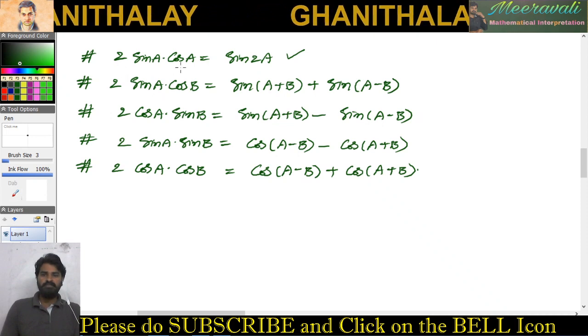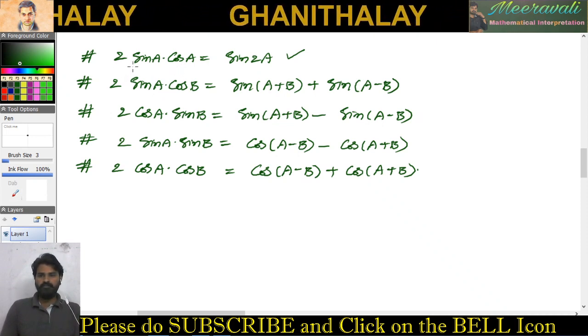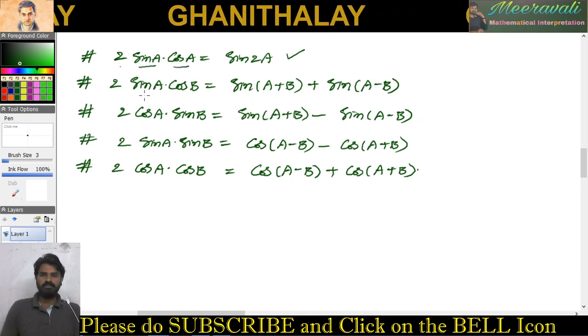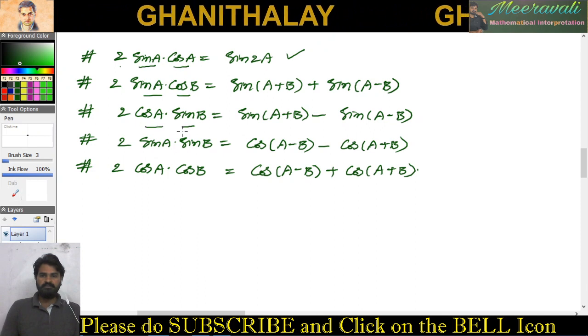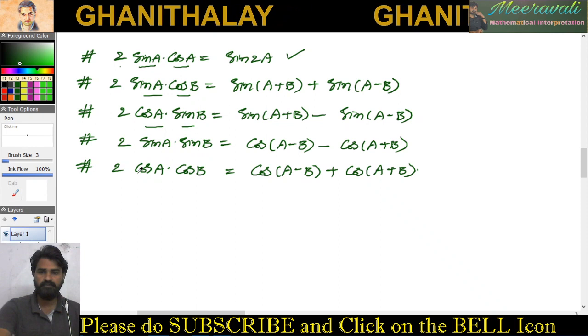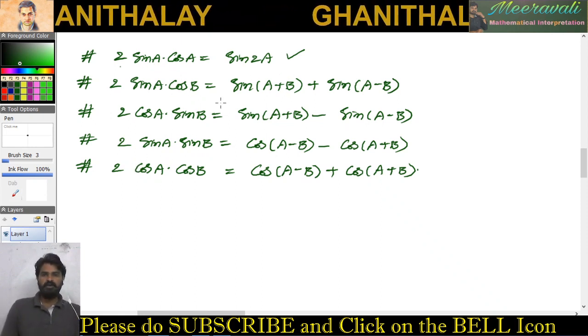Now these formulas can be used in the integration topic when the product of sine and cos, sine and sine, or cos and cos is given. Now we can use these formulas here.